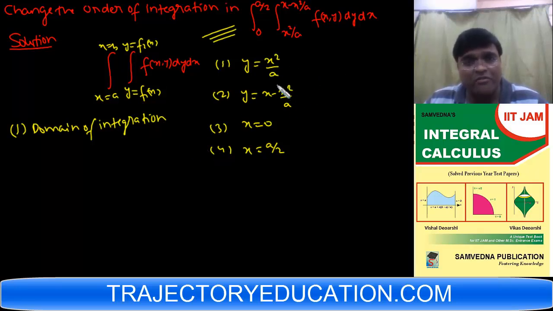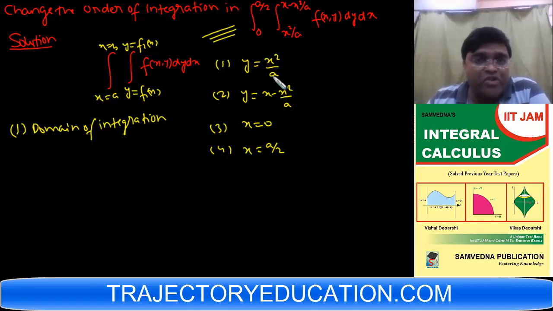So while plotting, you can recognize these curves. First let us recognize these curves. What are these curves? See, the equation of this curve is linear in y and quadratic in x. So whenever you are given an equation which is linear in x and quadratic in y, or linear in y and quadratic in x, you have a curve which is linear in one variable, quadratic in another variable.